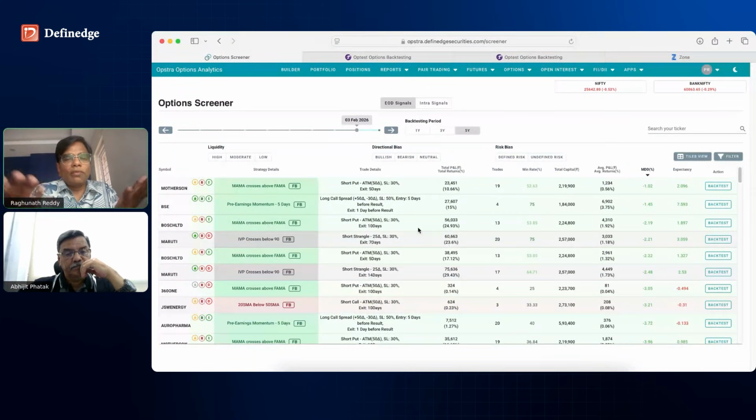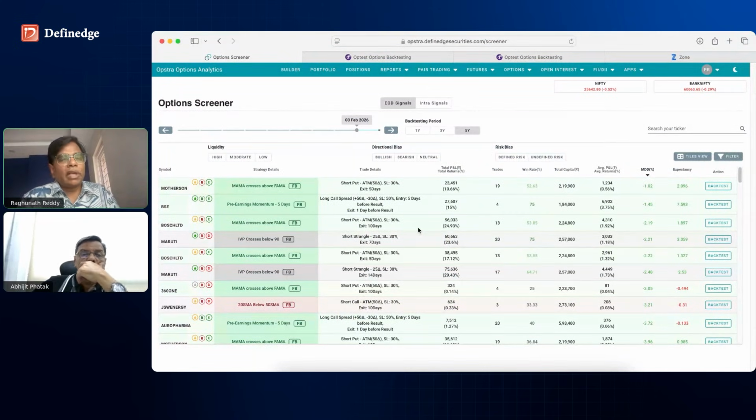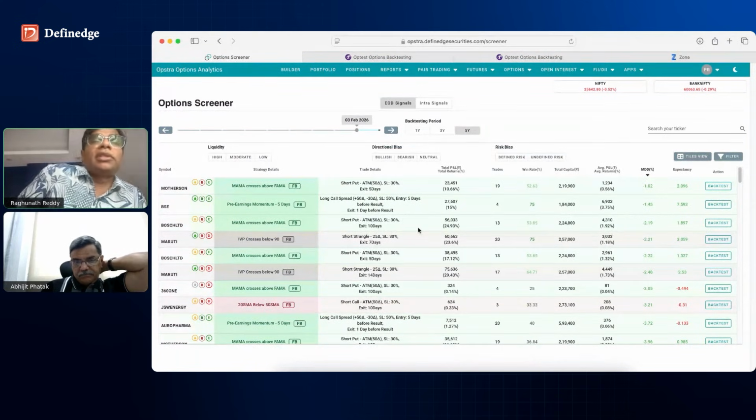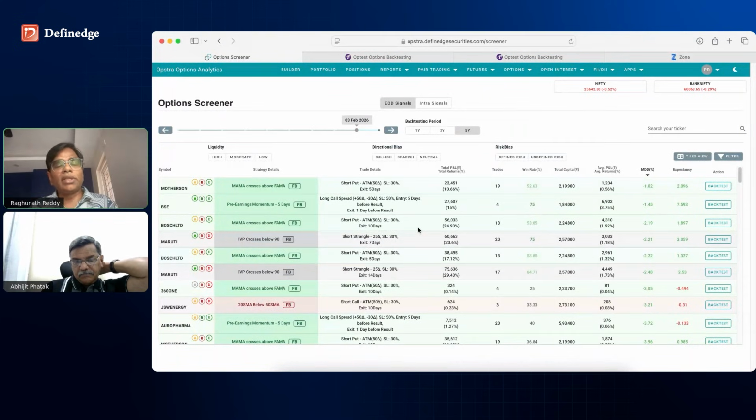You have different strategies, and I'm expecting that a lot of inputs will come from the users to include more strategies. If you are satisfied that the strategy you have submitted is very good, and you want to track it here, then we will include it. We do our own backtesting and see what the ideal default parameters are for generating these signals, and then we will include those technical signals here as well.